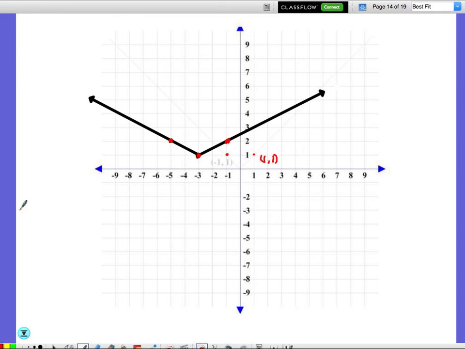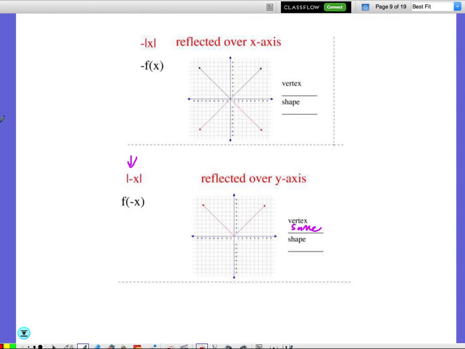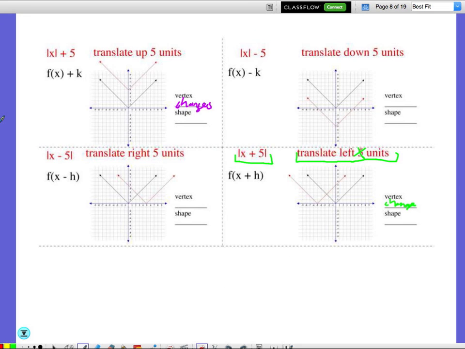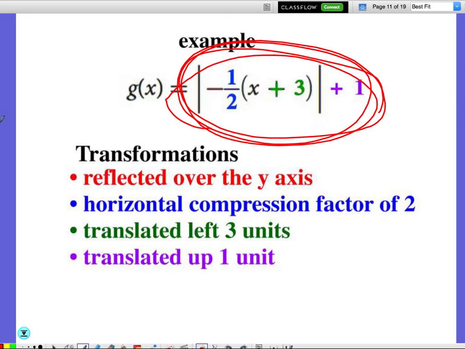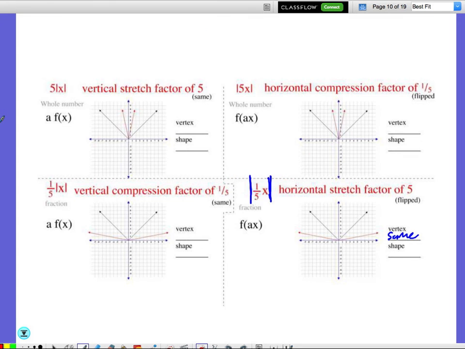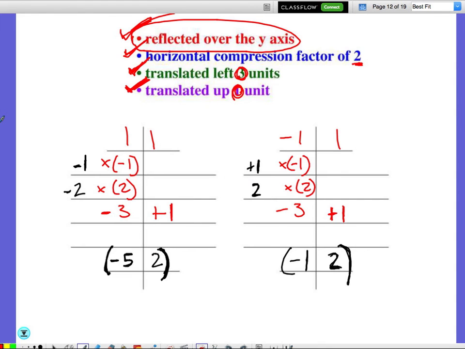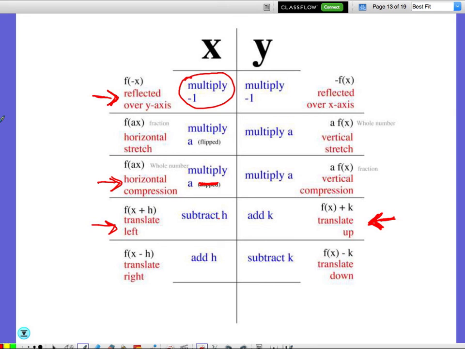Alright, so just to recap, we started with the function right here. We found the transformations using our notes that we have here. It was very important to know if the vertex changes or not. And once we found the transformations, we used this table right here.